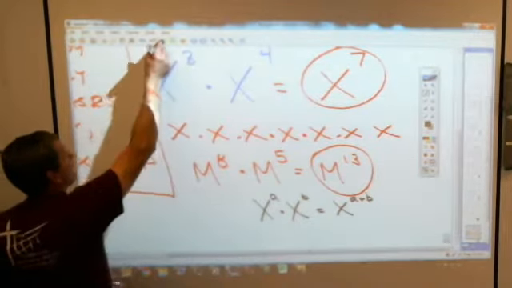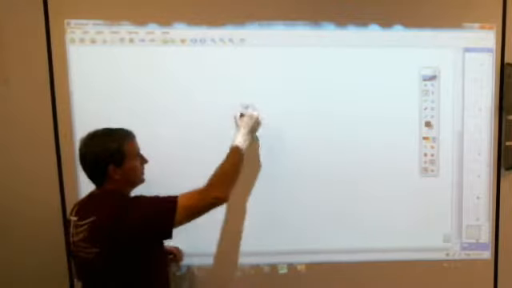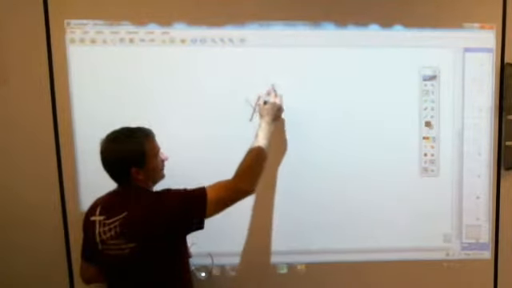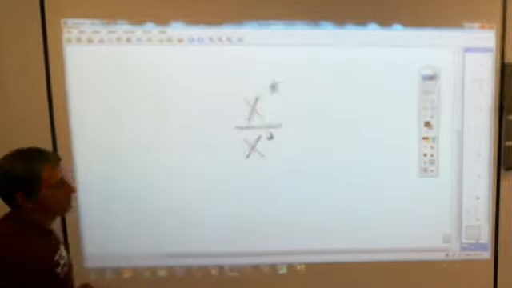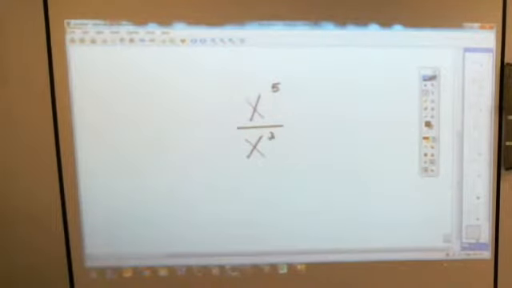How about this? So that was multiplication. What about division? What about x to the 5th power over x to the 3rd power? In division, ladies and gentlemen, I have to see how far they take you on this. Anybody got a thought?